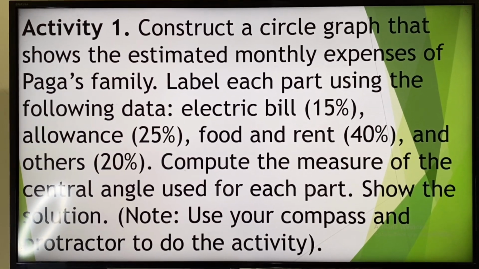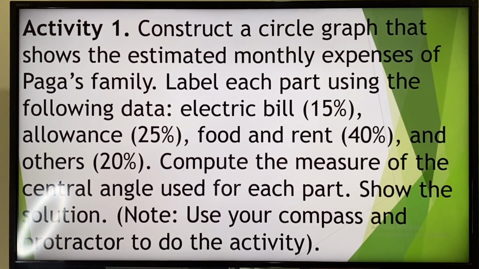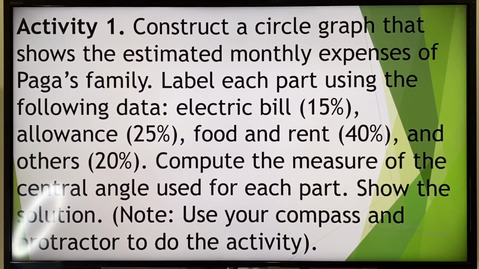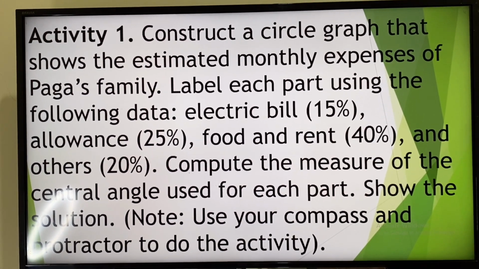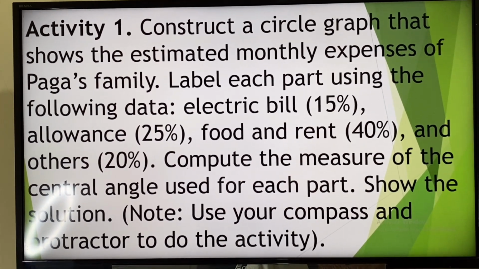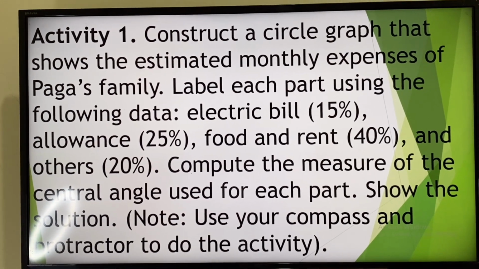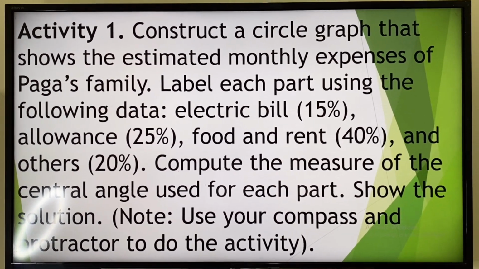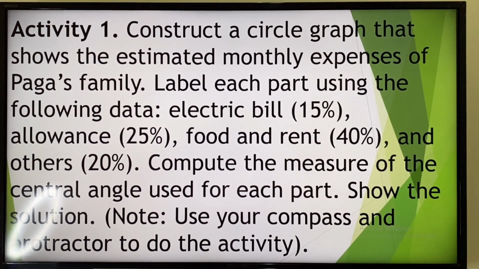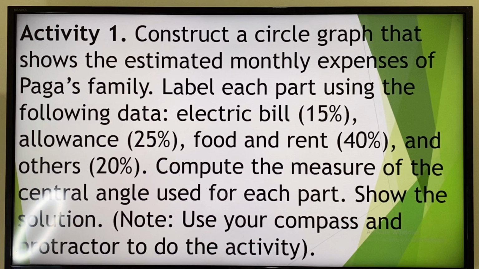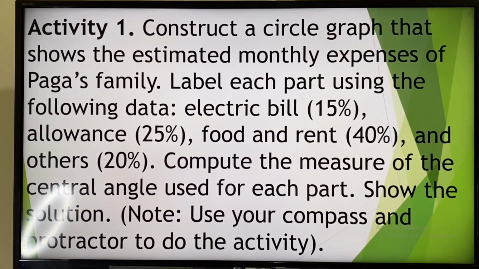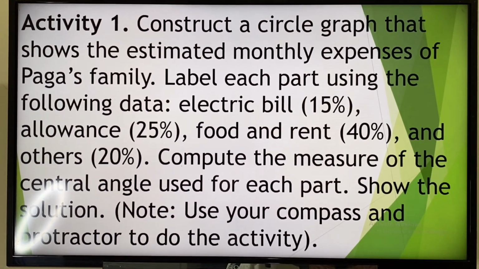For your activity number 1, construct a circle graph that shows the estimated monthly expenses of Pagas family. Label its parts using the following data: electric bill 15%, allowance 25%, food and rent 40%, and others 20%.